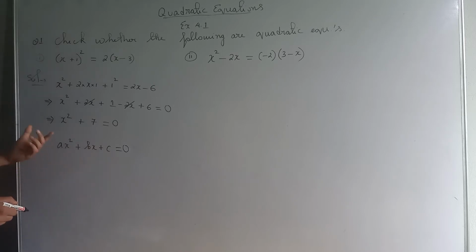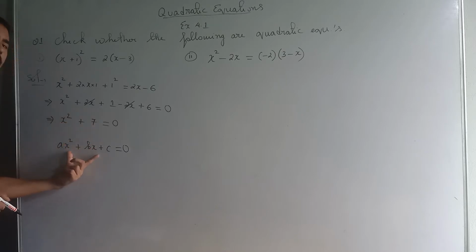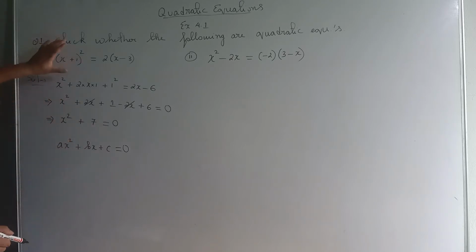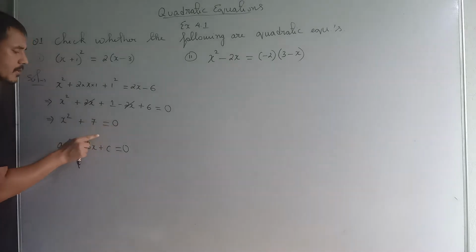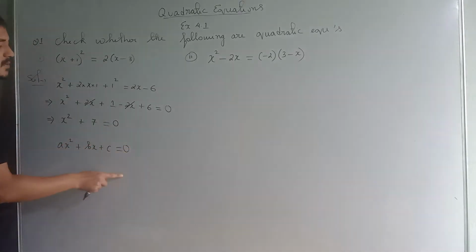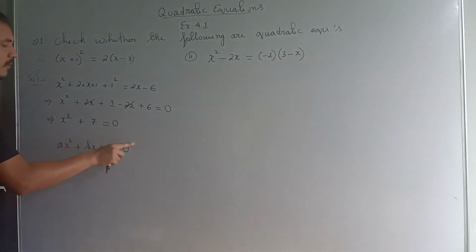Okay, so since the given equation has been converted to this form, this particular given equation is a quadratic equation, or you can say that in this equation, since the highest power of the variable is 2, this equation is a quadratic equation, okay? Or this x squared plus 7 equal to 0 is of this form, ax squared plus bx plus c equal to 0, where your b is 0, so there is no term containing x.